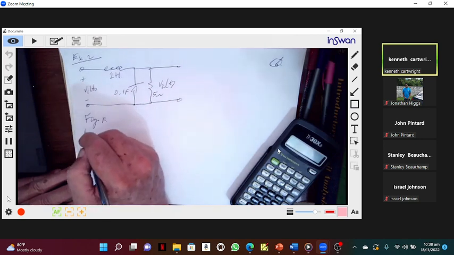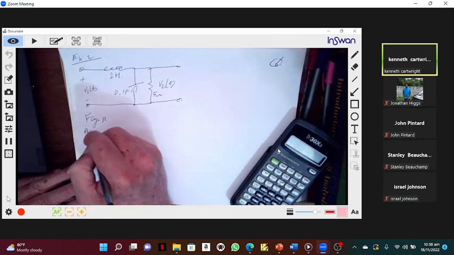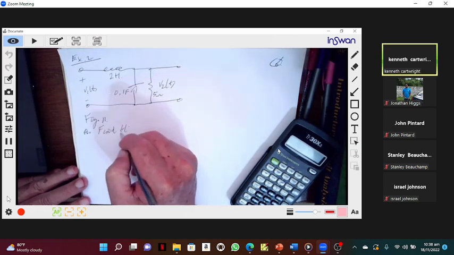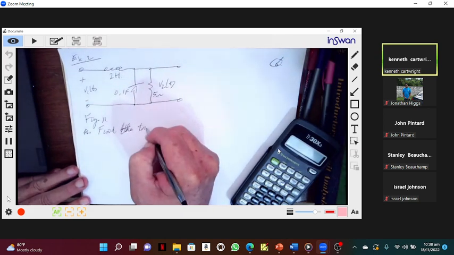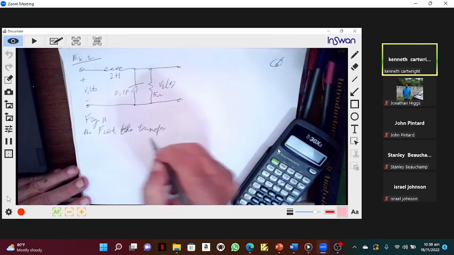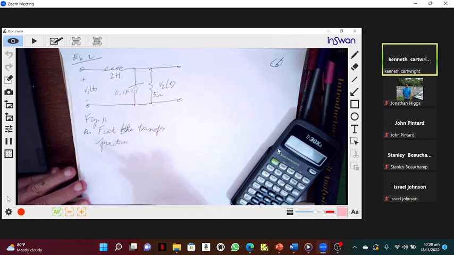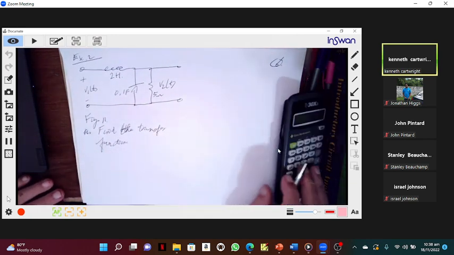Question A: find the transfer function. What do we need to do to find the transfer function?